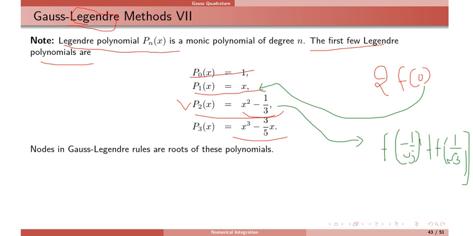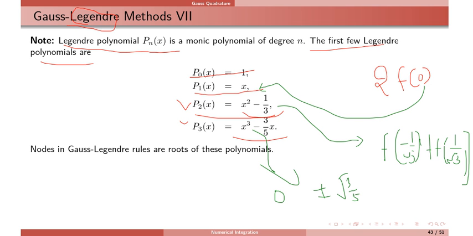Then we had the 3-point formula. So what did you get? Function values at 0 and at plus and minus under root 3 by 5. And these are the roots of p3. So the Gauss-Legendre integration formulae have nodal points from the Legendre polynomials, which are roots.